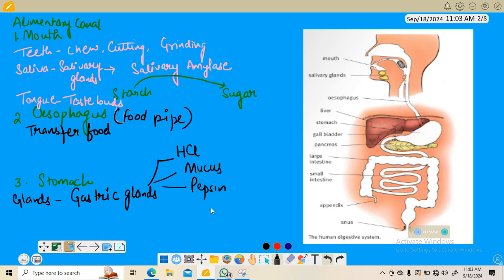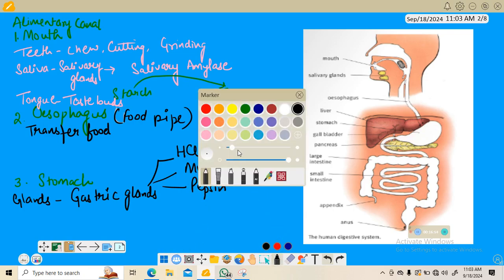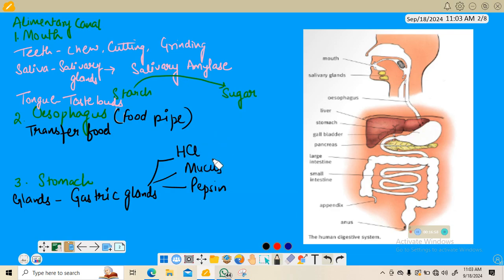So HCl, that's a gastric juice. Now first we'll study about pepsin.